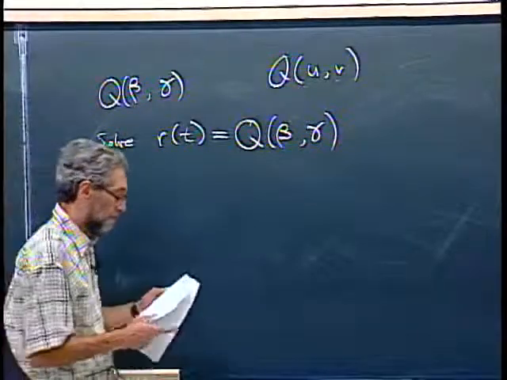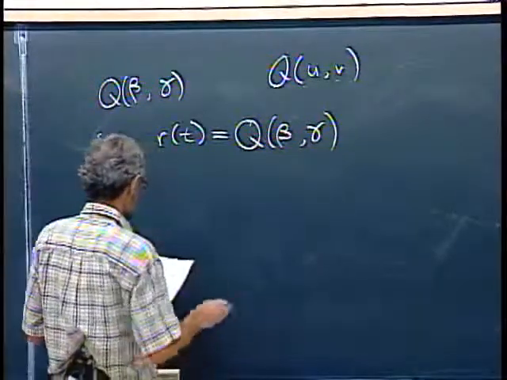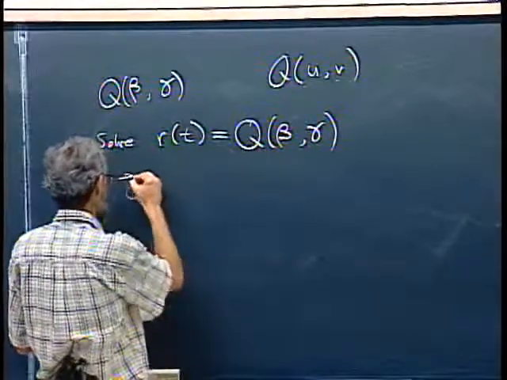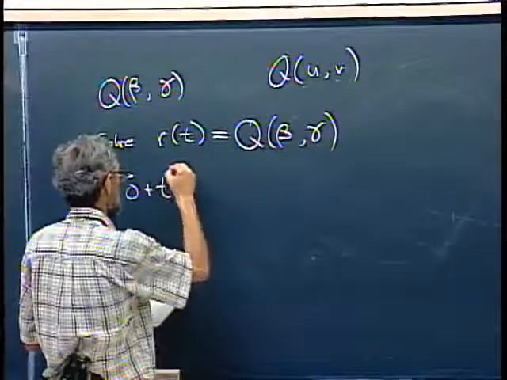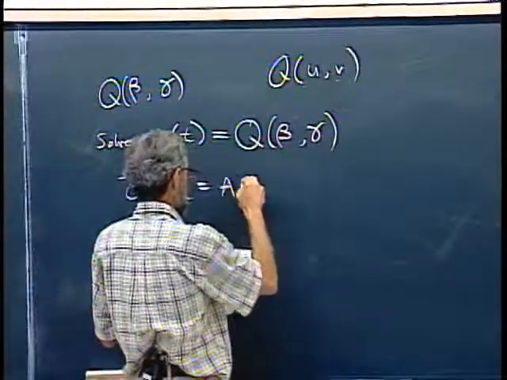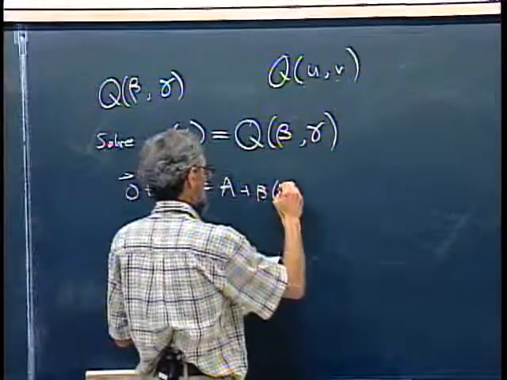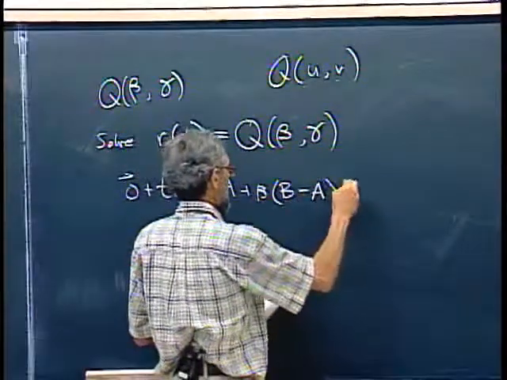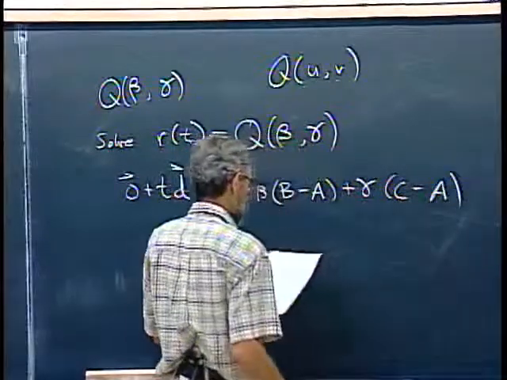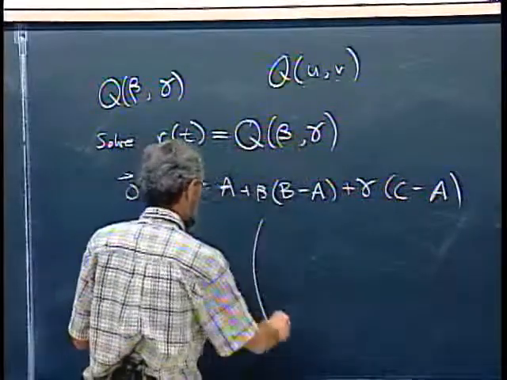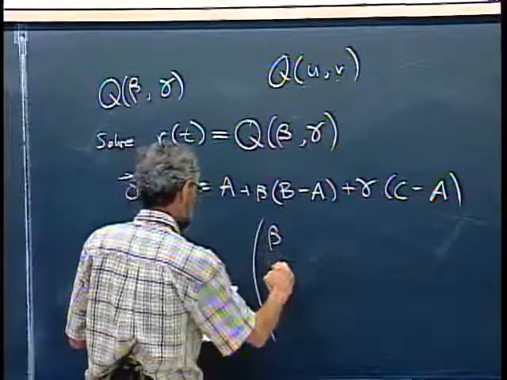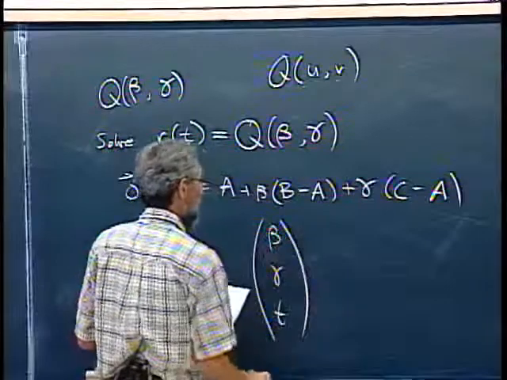Let me write the equation for the case we have. O plus t D equals A plus beta times B minus A plus gamma times C minus A. So basically our equations say here are the unknowns, beta, gamma, and t.